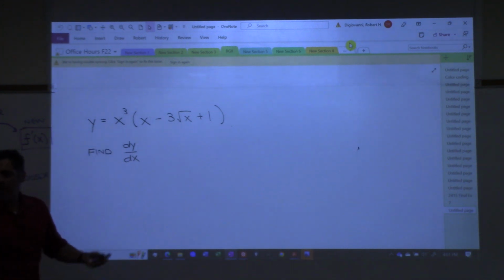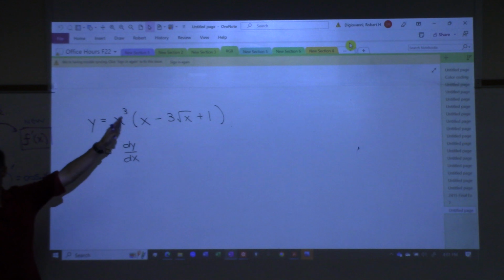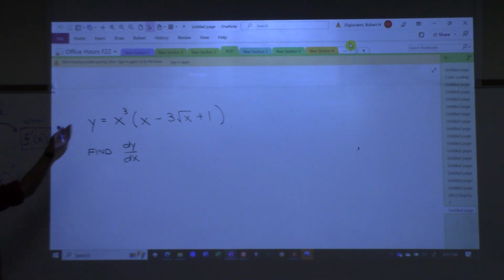So you have to understand what I'm asking for first, right? I give you y equals that. So that y is a function of x. And this notation means I want what? The derivative, right? I want the derivative of that. That's the Leibniz notation. So I'm going to go try and take my derivative.